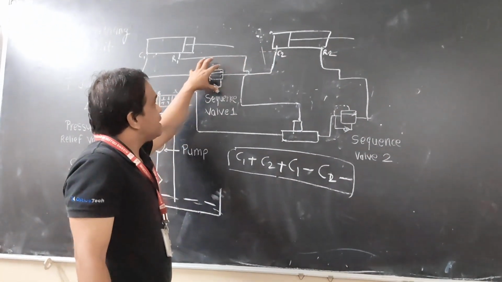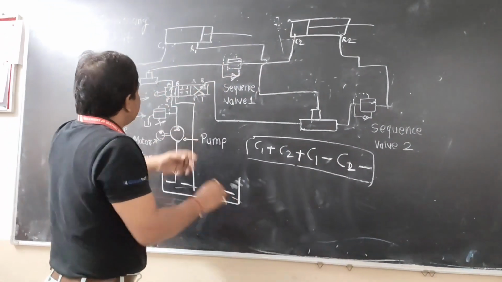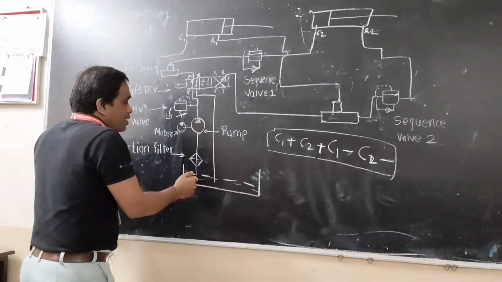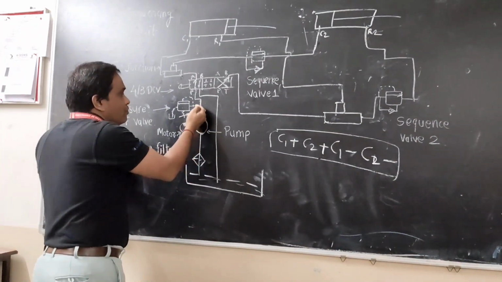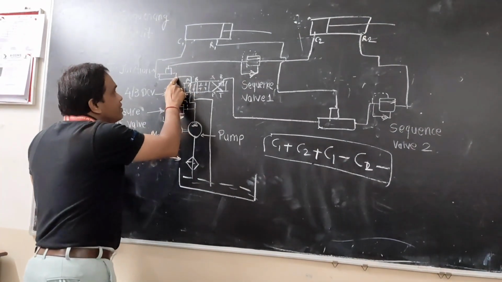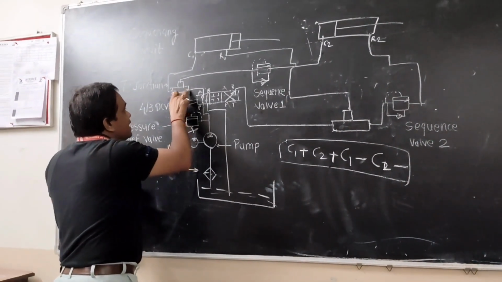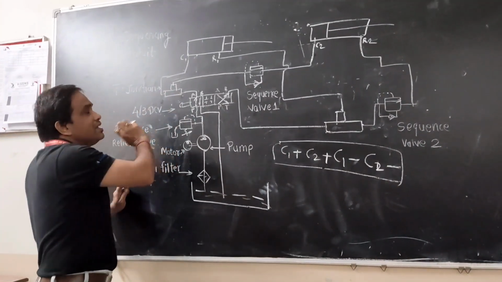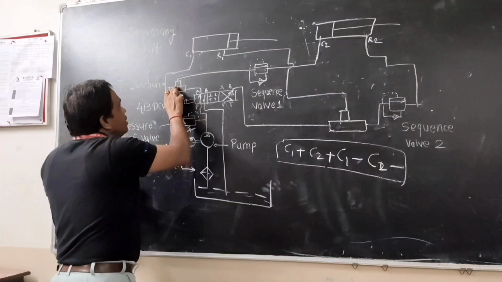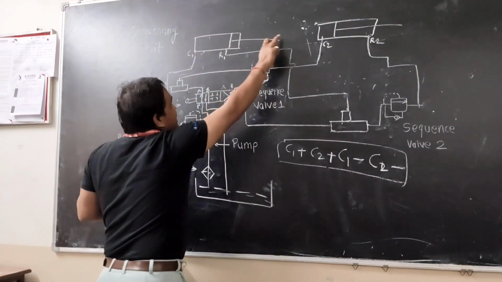Now, you will have the question of why we have connected the sequence valve here. Let's go through that. When the pump sucks the oil or fluid at a pressure, the pressurized fluid will go to the T. The pressure at this end, this end and this end will remain the same. So the fluid from here will go directly to C1 and it will extend.